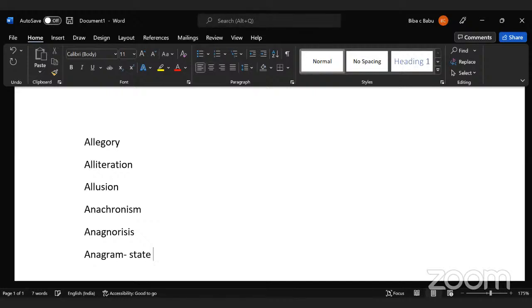And what I do is I am changing the letters: T-A-S-T-E. See, both these words have the same letters, but they are two different words. So that is anagram, a form of wordplay in which the letters of a word or phrase can be rearranged to make a new word. That is called anagram. Next is analogy.